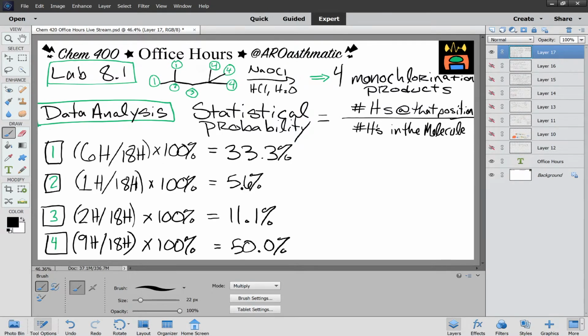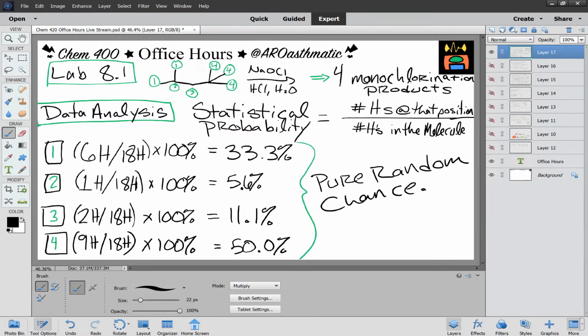So there's a 50% chance, statistically speaking, for that fourth site to get chlorinated. So these numbers right here are based on pure random chance.